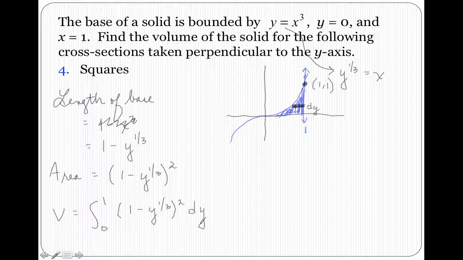So if you want to give that a try, feel free to pause this. You should have it coming out as approximately 0.10. And we'll look at the same scenario with 2 more types of cross sections.